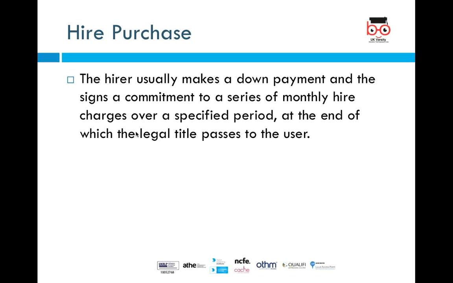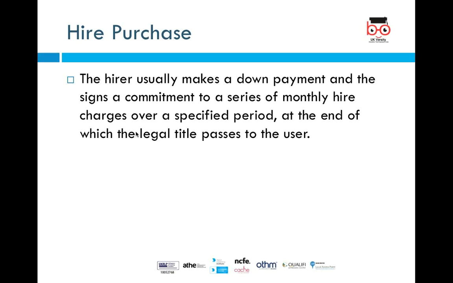There is another way to get finance: hire purchase. The hirer usually makes a down payment and signs the commitment. So there is an agreement with a down payment and a series of monthly hire charges over the specified period, at the end of which legal title passes to the user. It's a kind of mortgage with the bank, but not the typical mortgage.